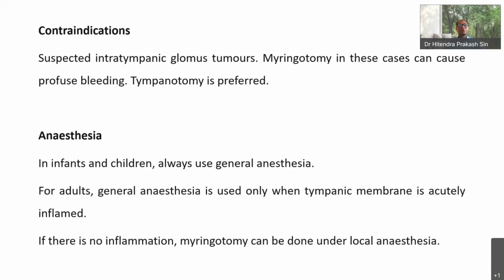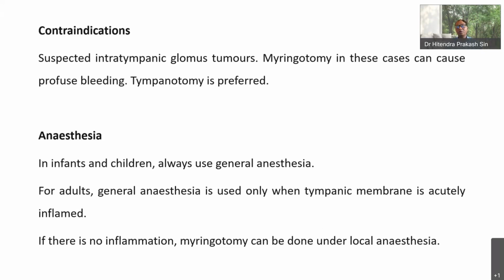Okay. So what are the contraindications, when we do not perform the myringotomy? When we suspect any intratympanic tumor, like a glomus tumor, which is a highly vascular tumor that arises in the tympanic cavity. If you accidentally perform a myringotomy, it will cause profuse bleeding.